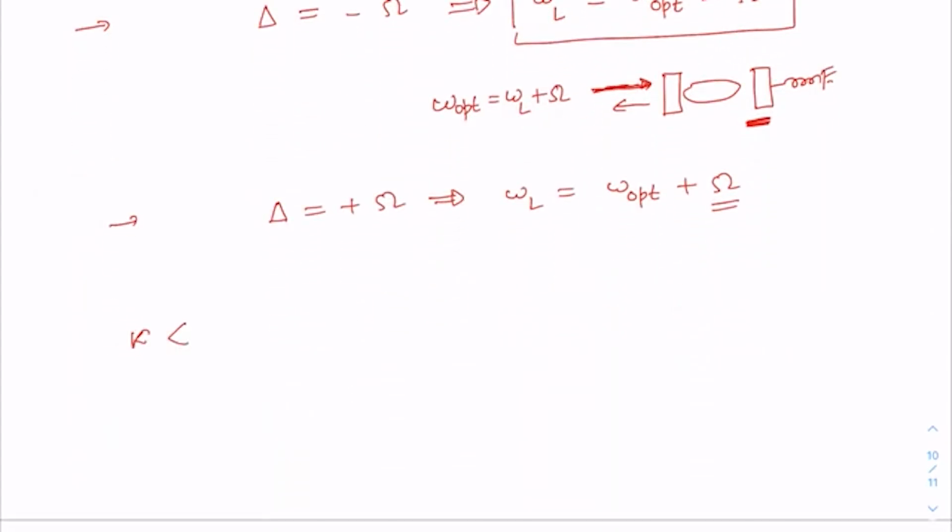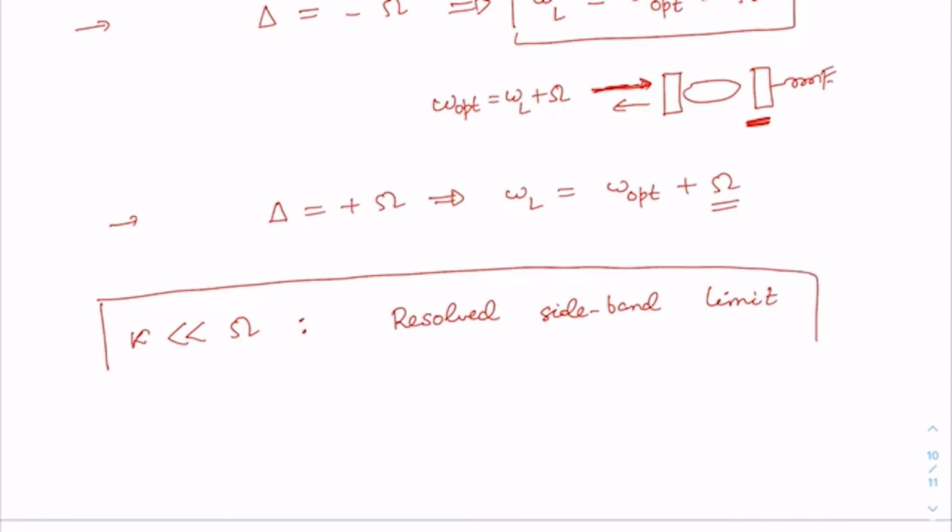The domain when kappa is much less than omega is popularly known as the resolved sideband limit, and in most optomechanical systems, people generally work in this limit because it's very useful for applications.